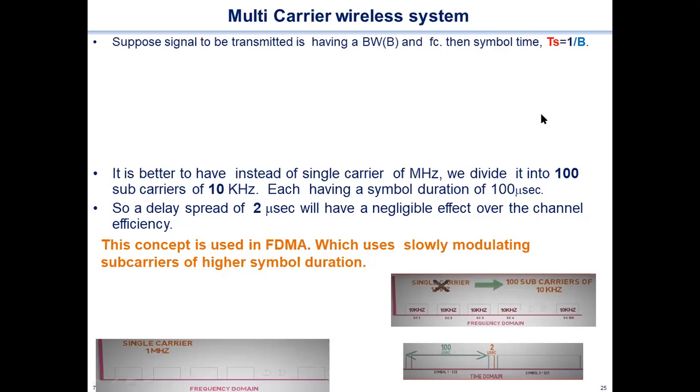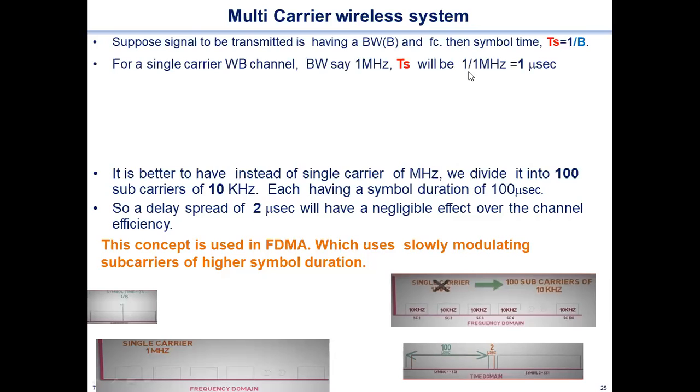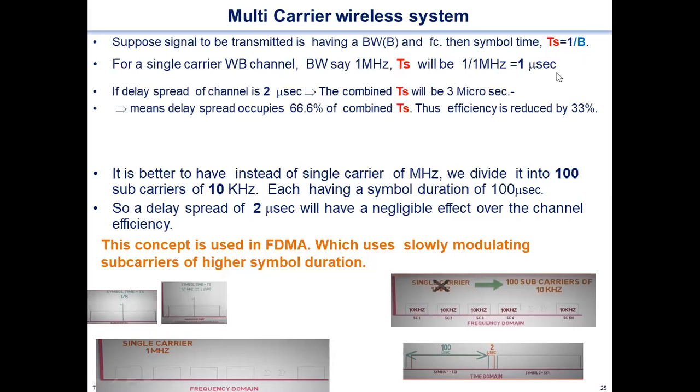Then the symbol period is TS equals 1 by B. So for a single carrier wideband channel, the first point is that the symbol time period is TS equals 1 by B. With a bandwidth of 1 megahertz, TS equals 1 by bandwidth, which is 1 microsecond. So 1 by microsecond means the more the bandwidth.